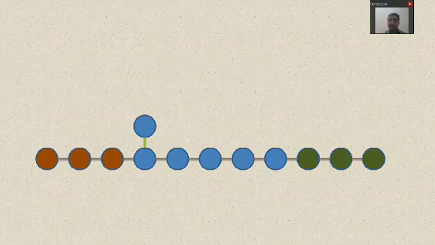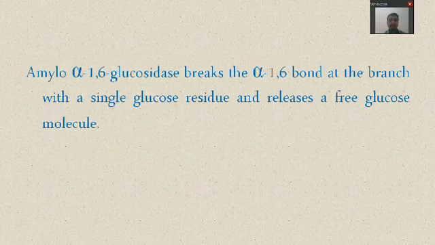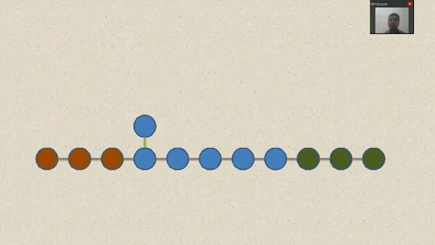Then the other activity of the debranching enzyme is that it cleaves the alpha 1,6 glycosidic bond, and due to that action it releases the free glucose molecule, like this one.